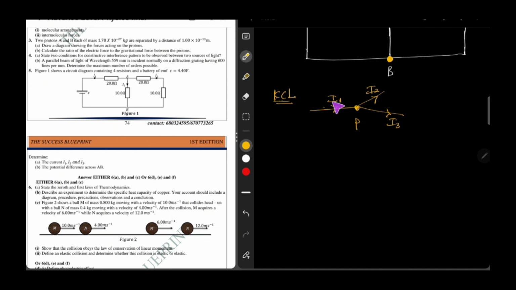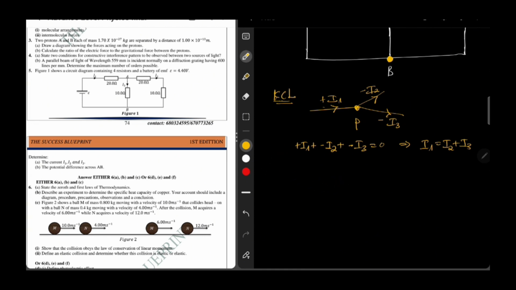According to Kirchhoff's law, I1 will be considered positive while I2 and I3 will be considered negative. So positive I1 plus negative I2 plus negative I3 will be equal to 0, which means I1 will be equal to I2 plus I3. That is, the current into that junction equals the sum of current out of that junction.